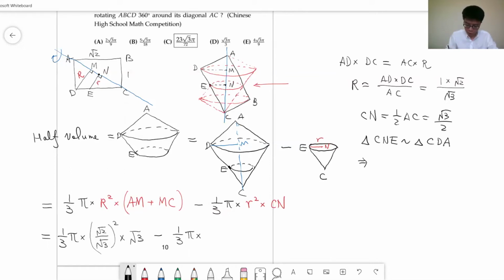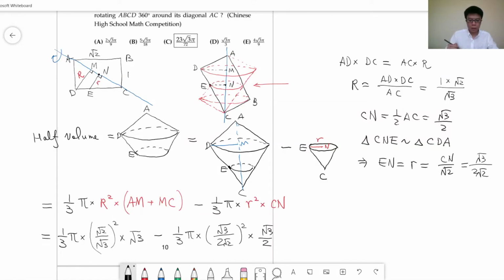That means EN, which is just little r, equals CN divided by √2. So this is √3 over twice √2. So that's little r.